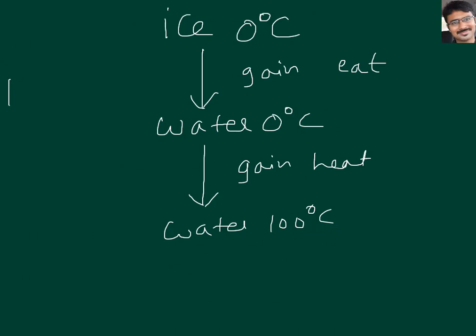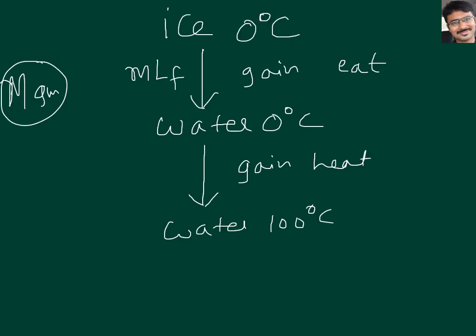Here I am taking 1 gram of ice. Sorry, it is m grams of ice. Fine. Here ice at 0 to water at 0, what formula do I have to use? Yes, I have to use mLf, for change of state.